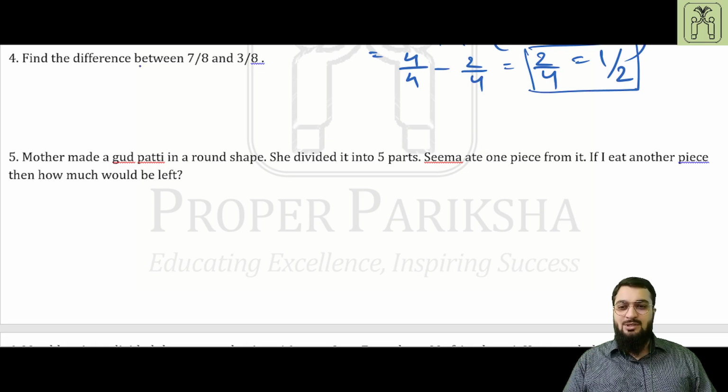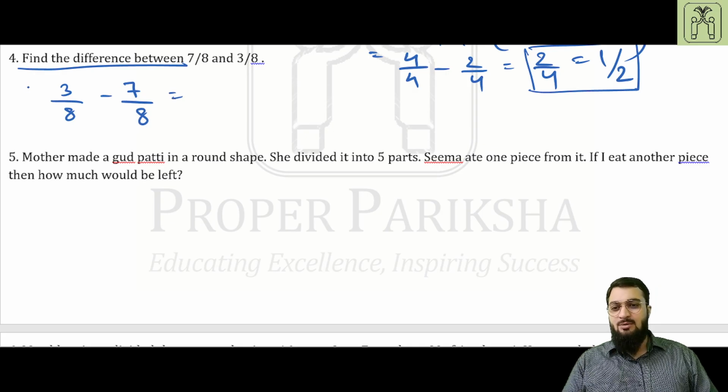The simplest method is that when you are given a question that says find the difference between, you can take them in any order. So I will take 3 upon 8 minus 7 upon 8. Denominator is same. That will mean 3 minus 7. Whenever we do such a thing, we take the negative outside and we do 7 minus 3.